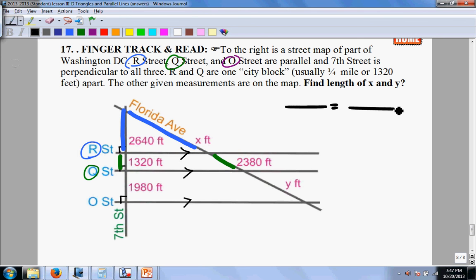To solve for X, I could go blue over green equals blue over green, or I could go left over right equals left over right. It honestly doesn't matter. Either way, set up a proportion, solve for X. Once you've solved for X, set up another proportion and solve for Y.